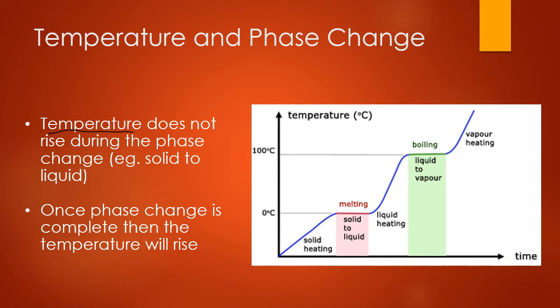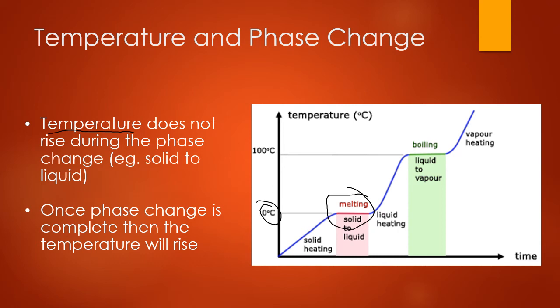So looking at this table over here, the phase change from solid to liquid is happening right here in red. And notice, this table is talking about water, so at 0 degrees Celsius, that's the temperature at which water freezes. It's also the temperature at which water or ice melts.